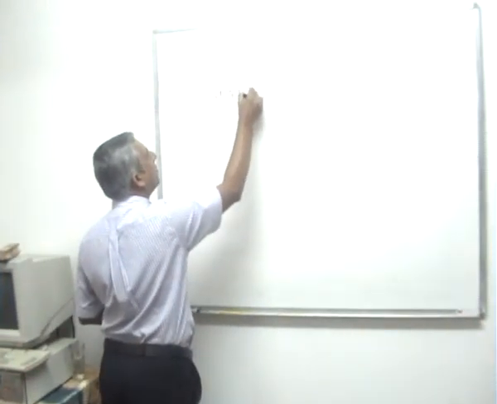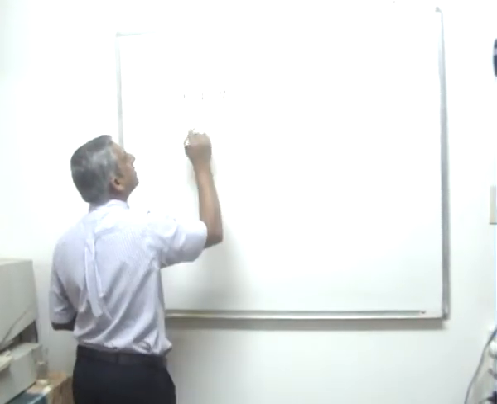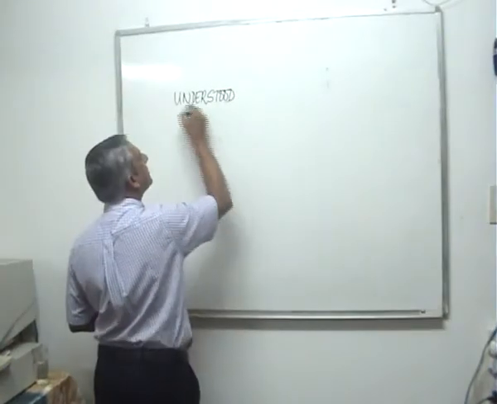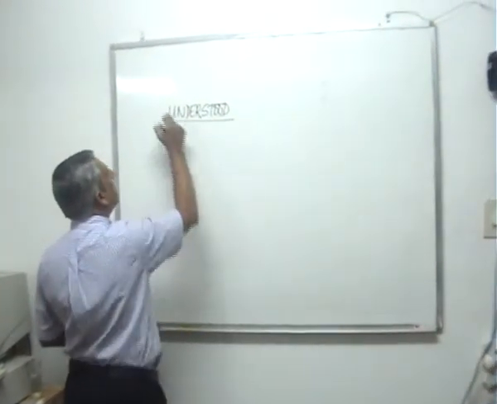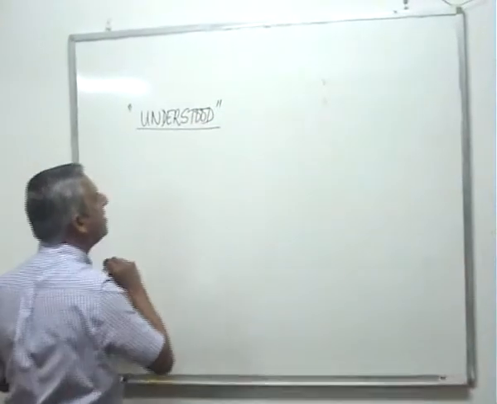I've been using the word understood quite a few times. And we need to know what understood means in maths. Understood, U-N-D-E-R-S-T-O-O-D. What does understood in maths mean?